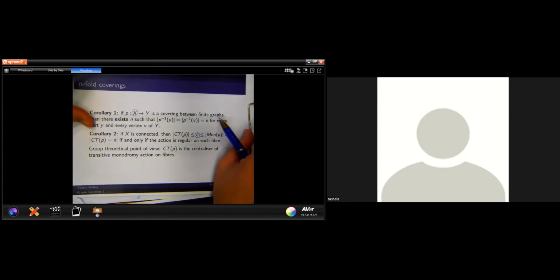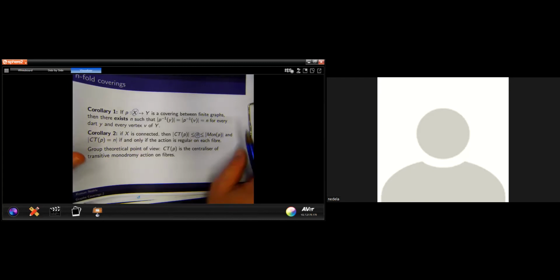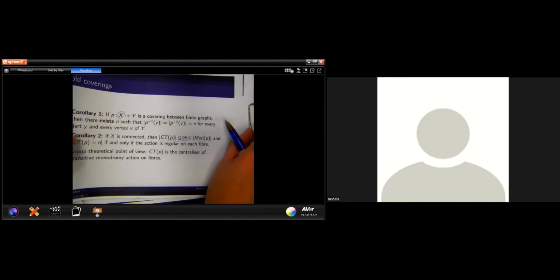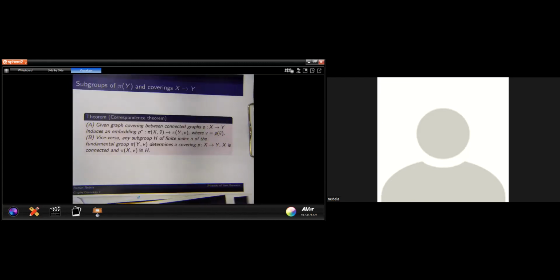Okay, so this is very important, that each covering is n-folded for some n. And now an even more interesting statement.